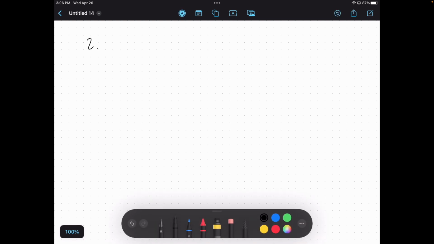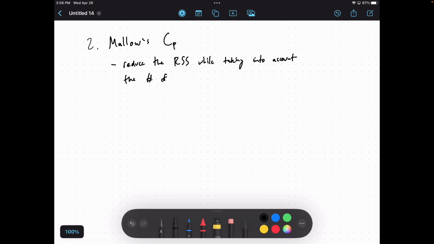There's another one. This is known as Mallow's CP. So reduce the RSS while taking into account the number of parameters.